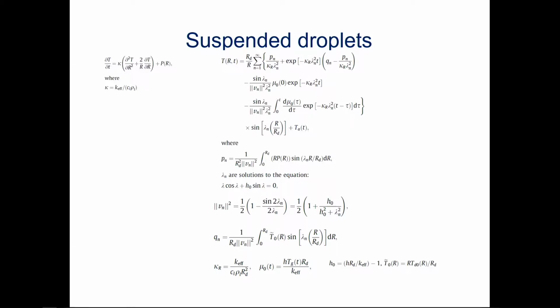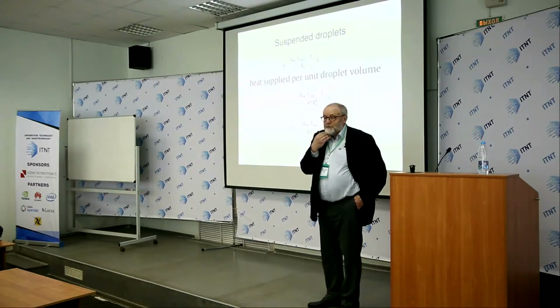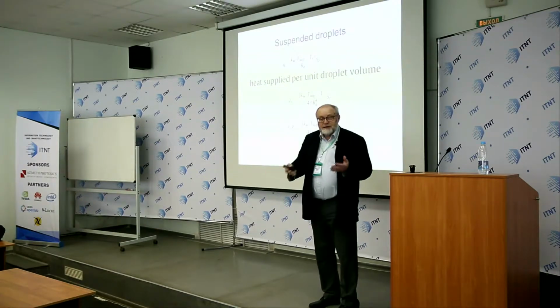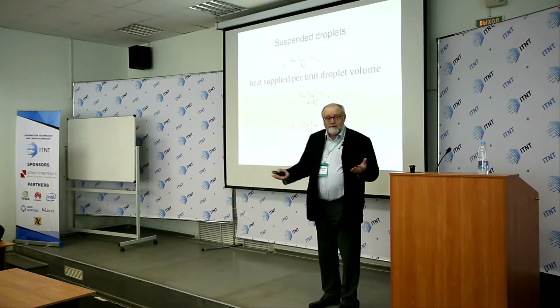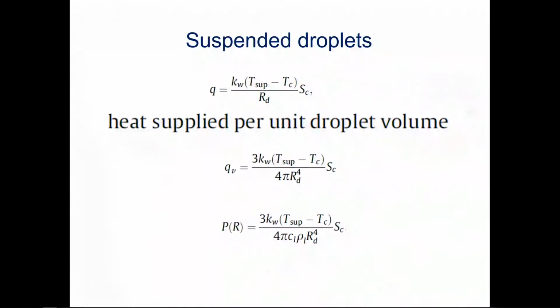And now we are going to estimate this sort of level of heating of the droplet, but not by thermal radiation, but by means of transfer of heat by conduction through the rod. And then we solve a very, very simple problem.